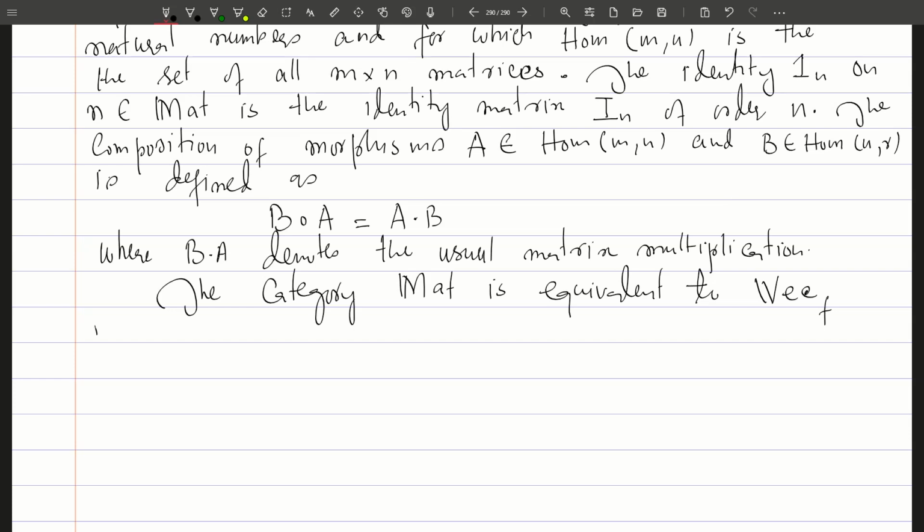So this is the category of all finite dimensional vector spaces.